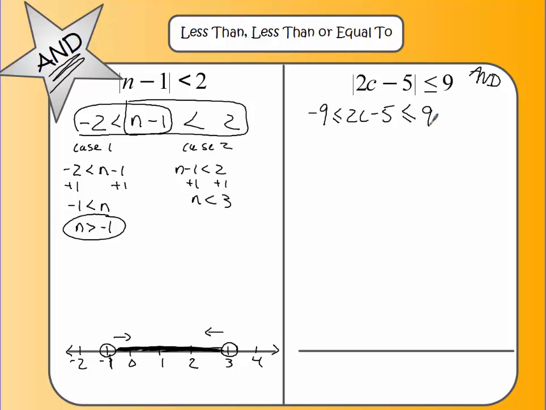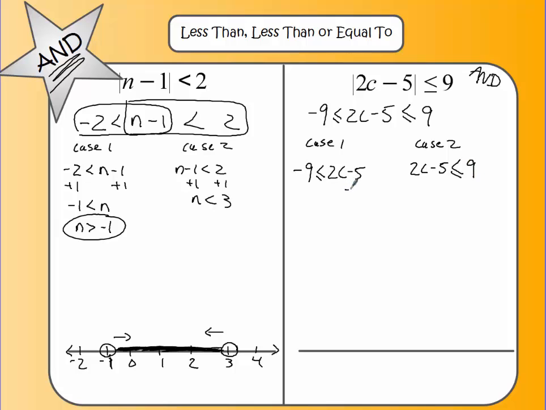If you don't like that, we can write it into its two cases, case 1 and case 2. So case 1 is going to say negative 9 is less than or equal to 2c minus 5, where case 2 is going to say 2c minus 5 is less than or equal to 9.